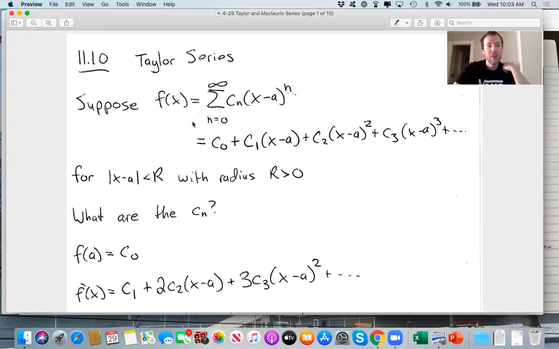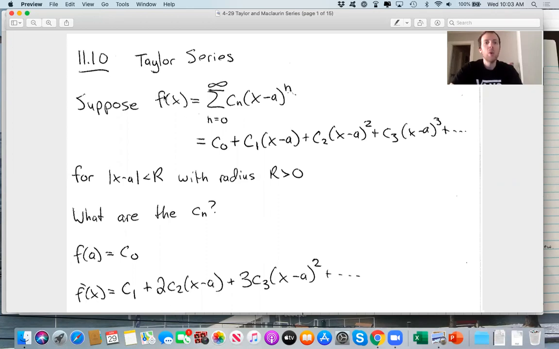So if you have f of x and you know that it's represented by some series, there are some functions that aren't represented by series. In particular, every series is differentiable. And so if you're not differentiable, you can't be represented by a series. The ones we're looking at will be, but in general, things can be more complicated.